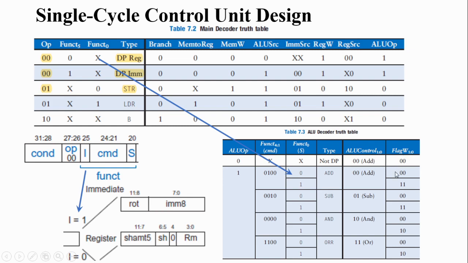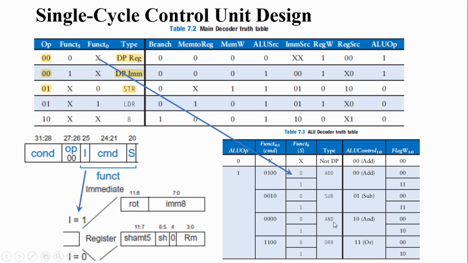So if the S bit is 0, flag bits will not be reflected, which is why it is 00. If this bit is 1, the flag bits will be 11, which means two flags will be reflected, right? Similarly, if it is sub and S is 1, flags will be reflected. If S is 0, flags will not be reflected.